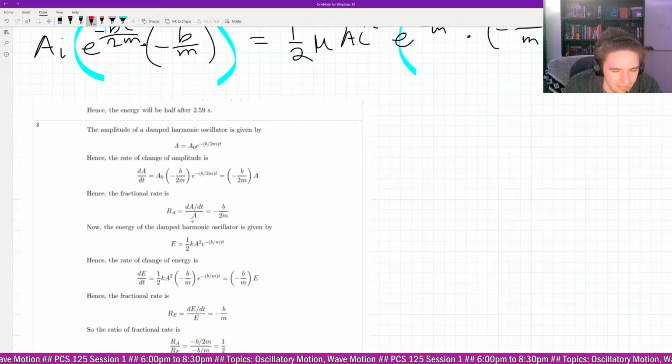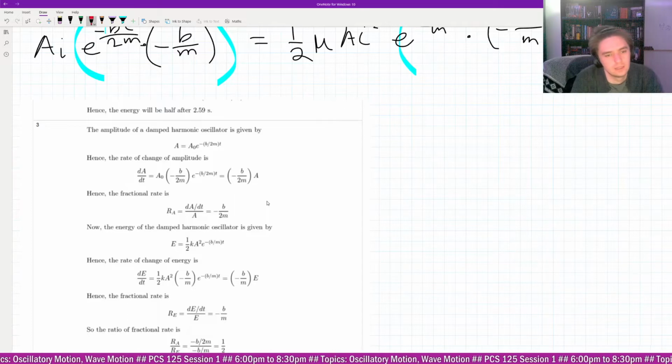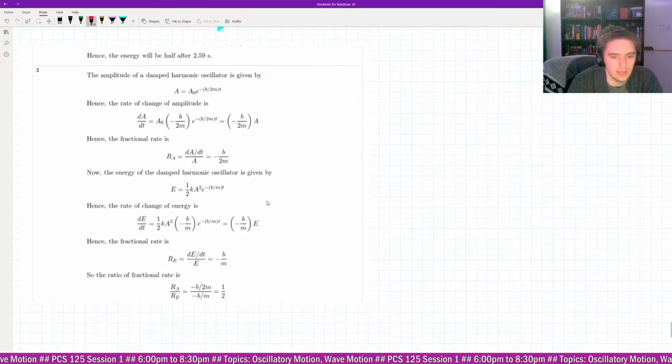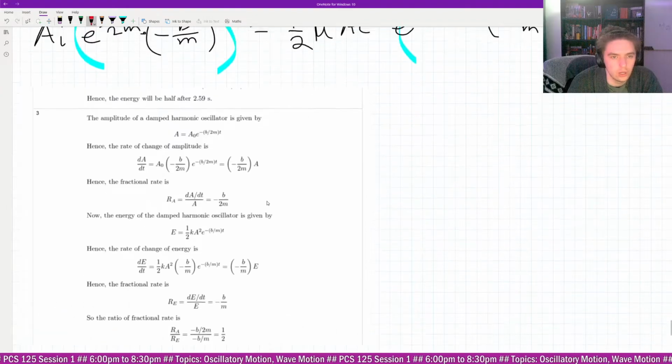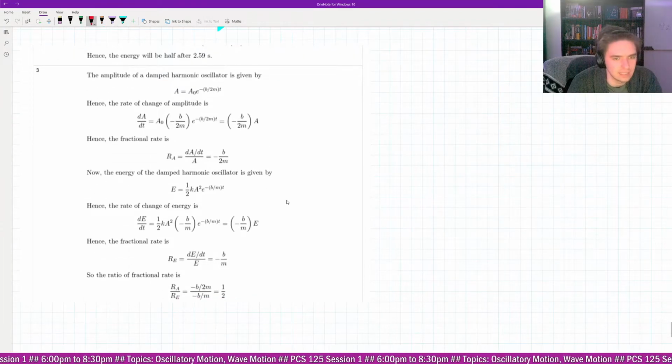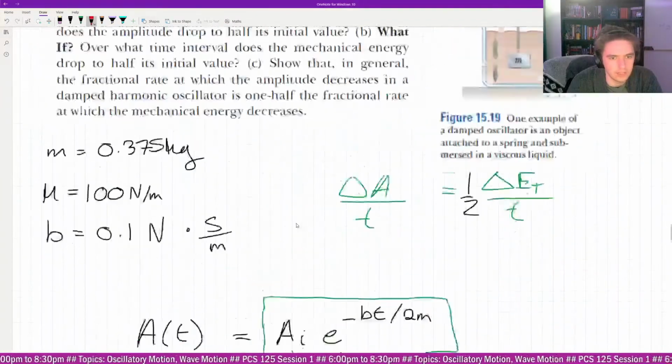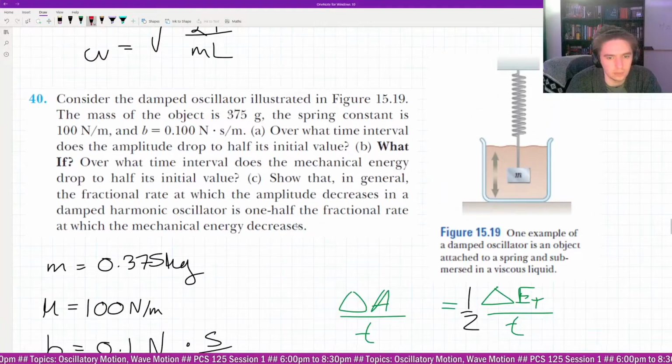Per what? They just brought the A to the other side, and then I think the damped harmonic oscillator is given by that. Well, they do a similar thing, and then they take the two. So then I don't know what the fractional rate is. That's the problem. We don't know what the fractional rate is, because it's not the rate per time.